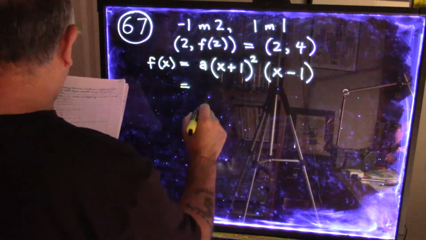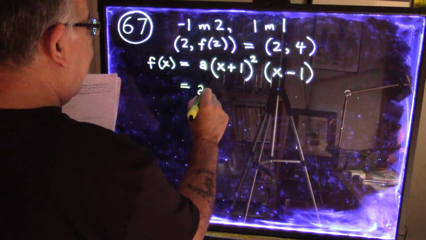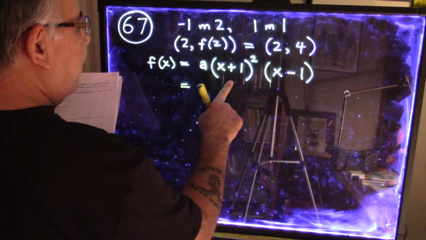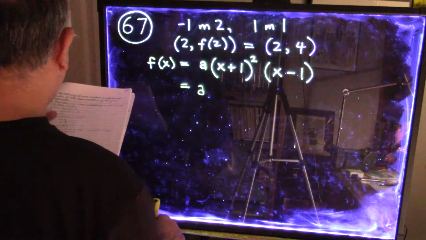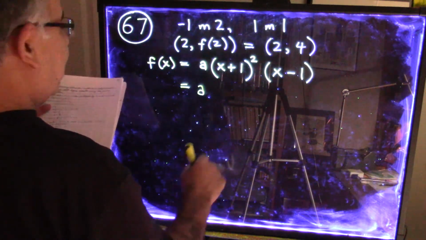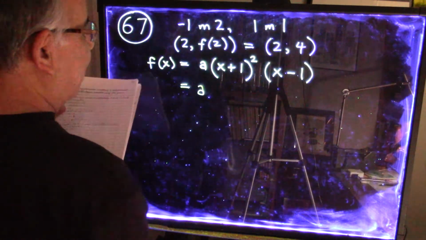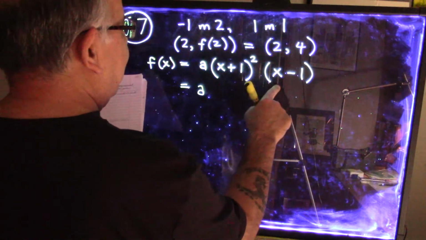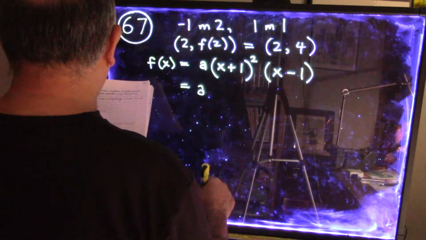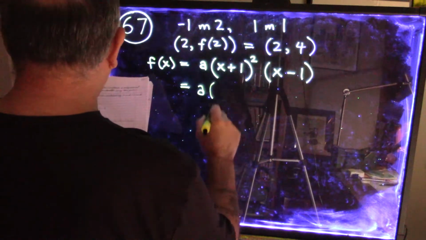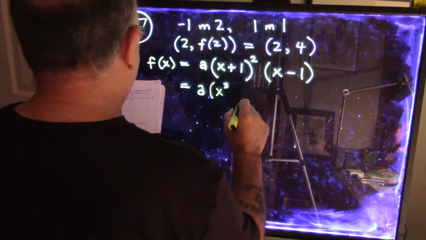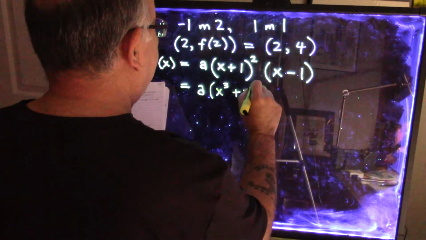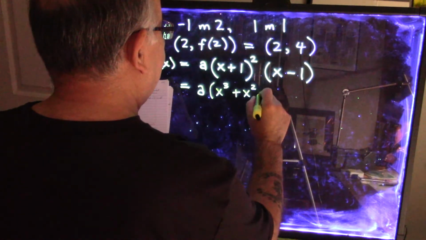Leave the a out in front for now. And you multiply that out, and then you multiply the result by that. Okay? So remember, do this first, order of operations. All right? And then you multiply by the last factor. What you should get is x cubed plus x squared minus x minus 1.